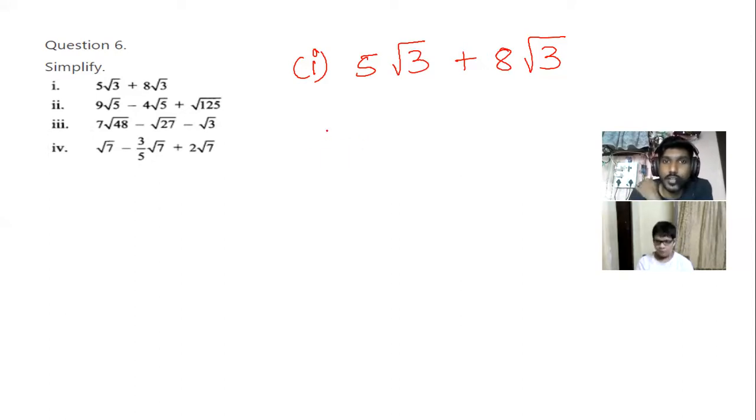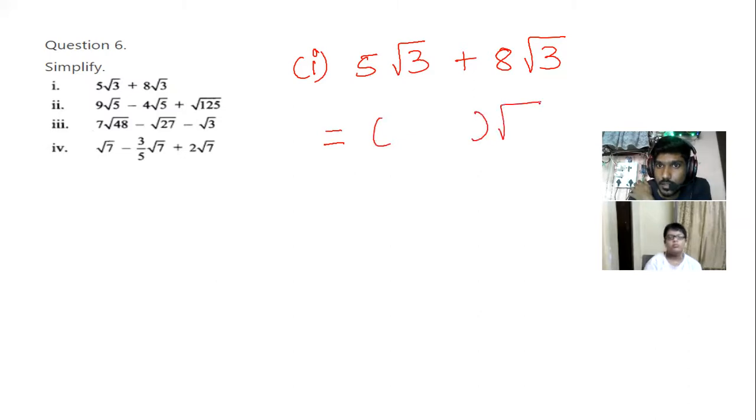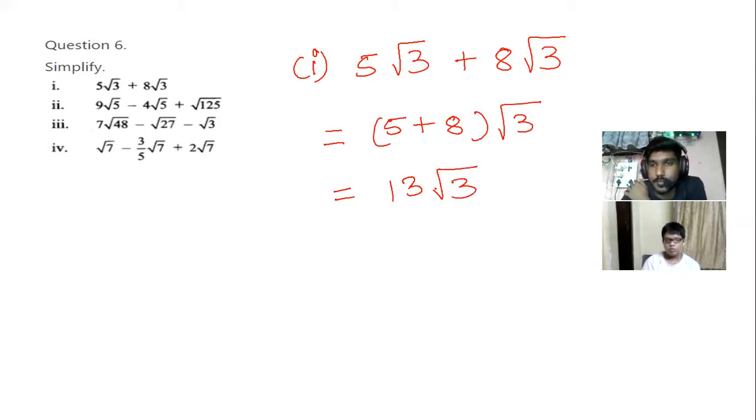Now, in this case, can you tell me what will be the answer? 5 root 3 plus 8 root 3. 13 root 3, correct. Now, how will you write it? You take the root 3 common and inside 5 plus 8. And you know, 5 plus 8 is 13. So this will become 13 root 3. Is this clear? Yes. Okay, write it down.